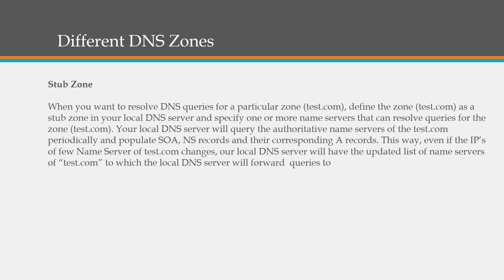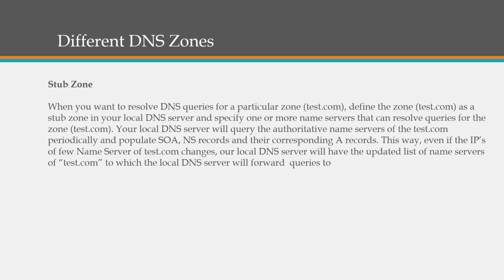I hope that's clear. The difference between a stub zone and a forward zone is that both forward queries, but in a forward zone, if something happens to the IP address or the DNS server which we defined, it will fail unless we manually change it.